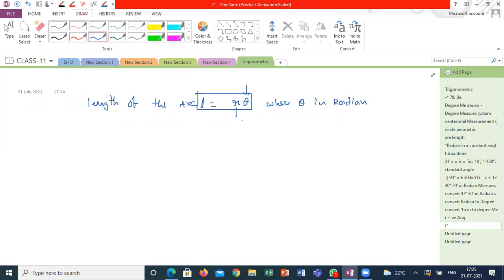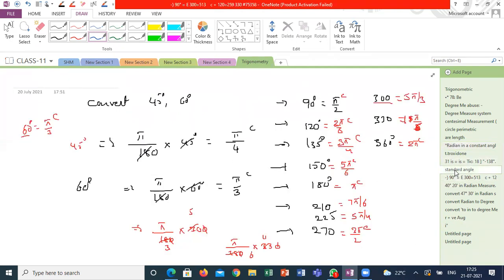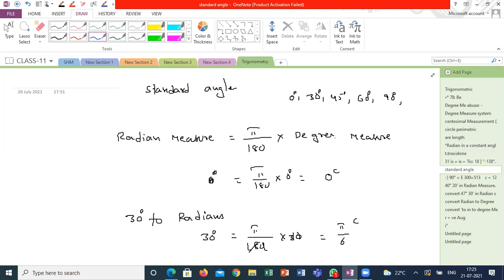Suppose I want to substitute theta directly in degrees, what formula was used in grade 10, guys? Radian measure to degree measure is what? Pi by 180 into degree measure.